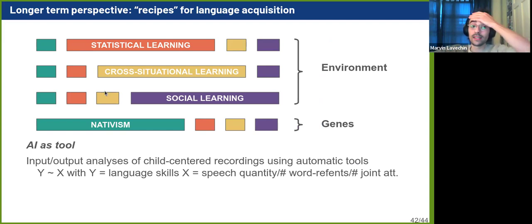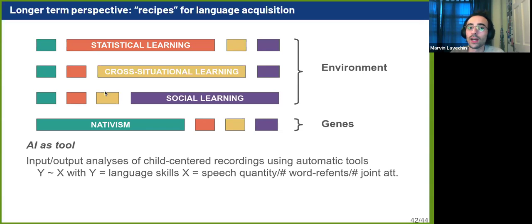All the theories that put forward the role of learning emphasize the contribution of the environment, while nativist theories emphasize the role of the genes. And I think one way to study the contribution of the environment on language acquisition is to run input-output analyses of child-centered recordings using automatic tools, so the VTC and other tools.